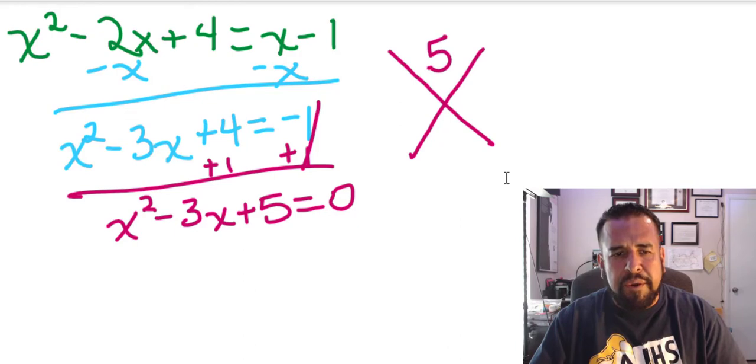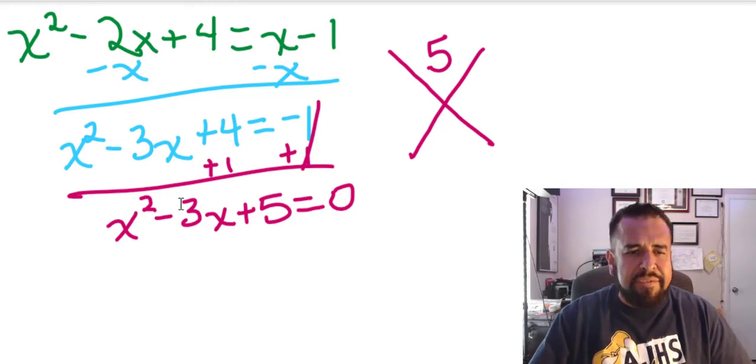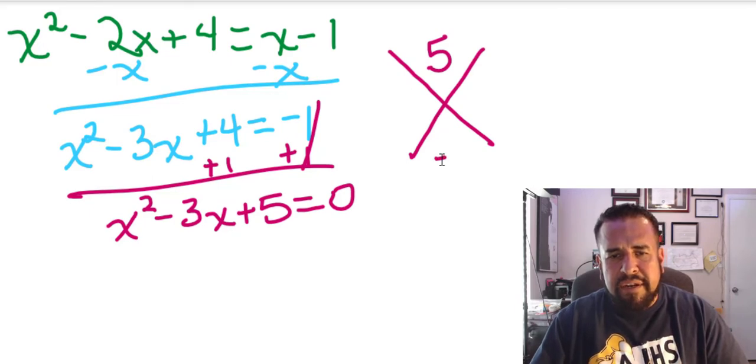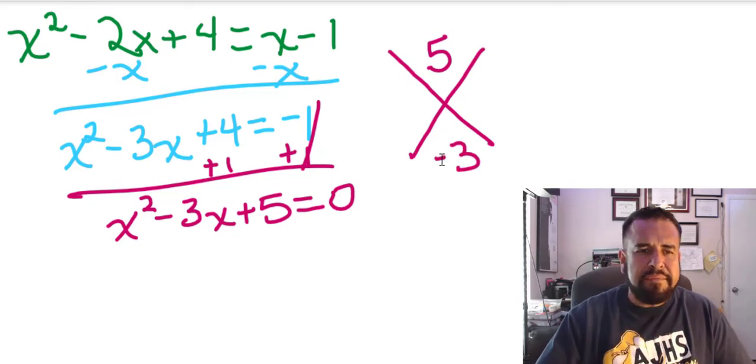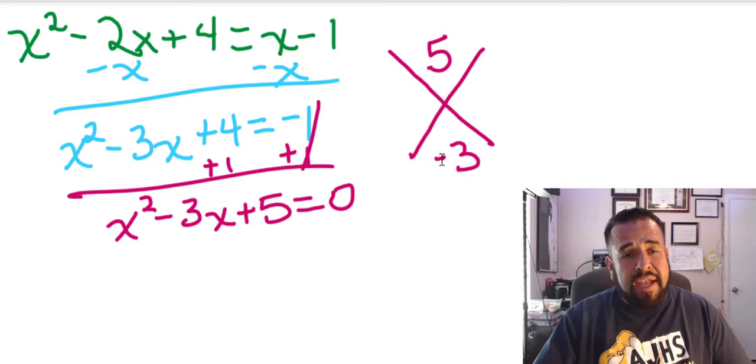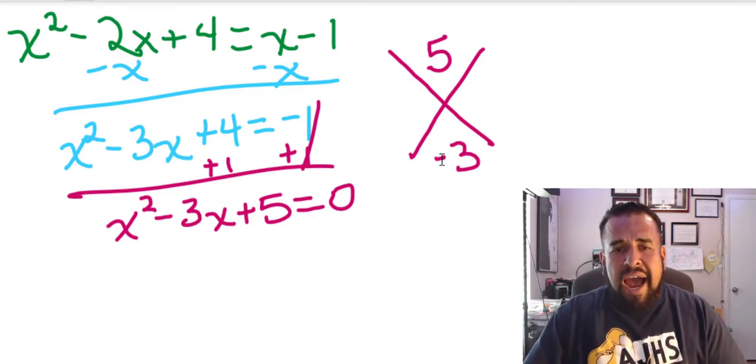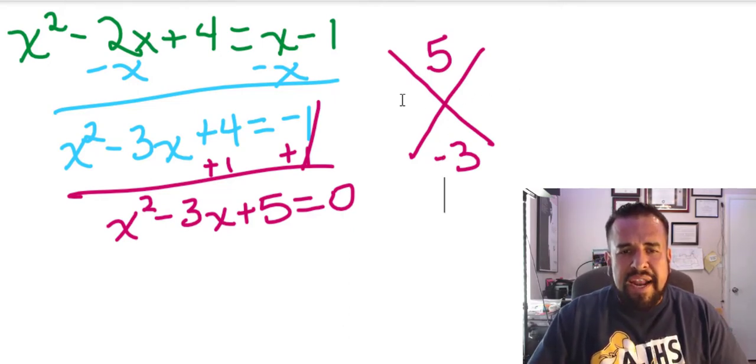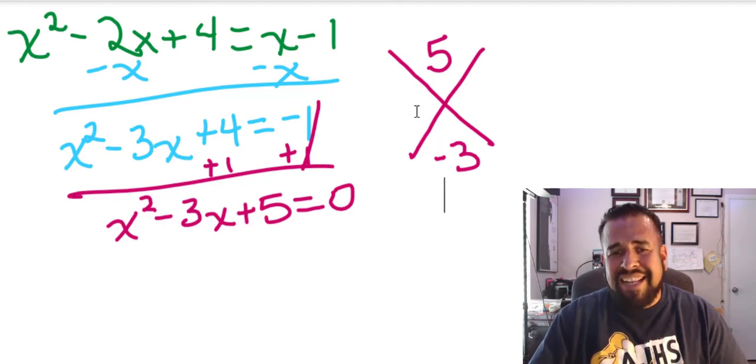This is a negative 3, and that goes right here. Now, at this point, I need to find two numbers that I can multiply to equal 5, but at the same time, I need to be able to add them to equal negative 3.